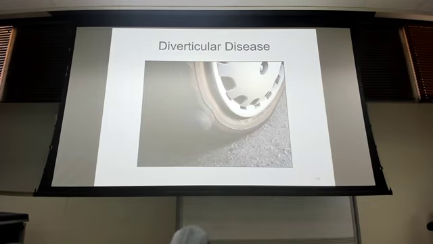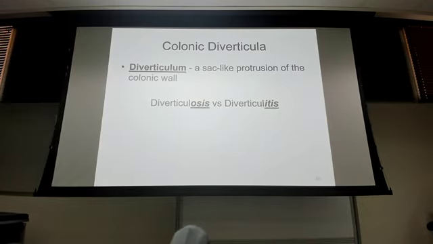So now we're moving into diverticular disease. It pretty much looks like what you see there on the tire, that protrusion, that bubble that is happening in your large intestine. It's a small pouch protruding from the colon wall, just like the tire looked.